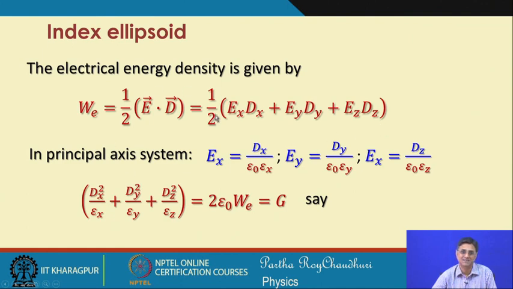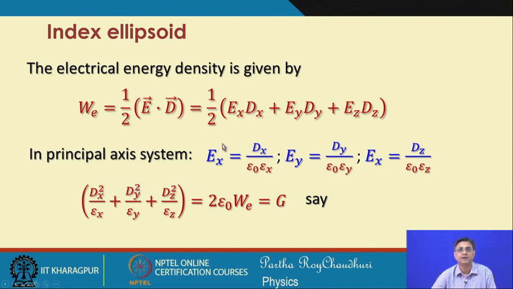In the principal axis system, this quantity is valid, otherwise you would end up with the permittivity components, the off diagonal components. So, in the principal axis system, Ex will be equal to dx by epsilon 0 epsilon x, Ey will be a similar term, and Ez will be equal to dz by epsilon 0 epsilon z.